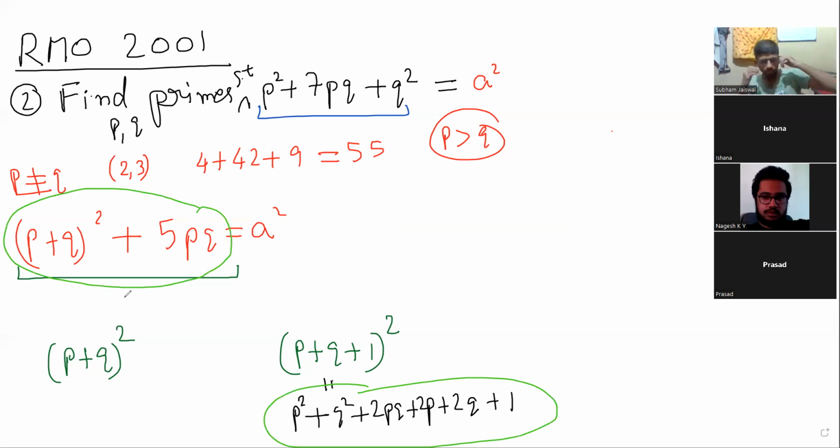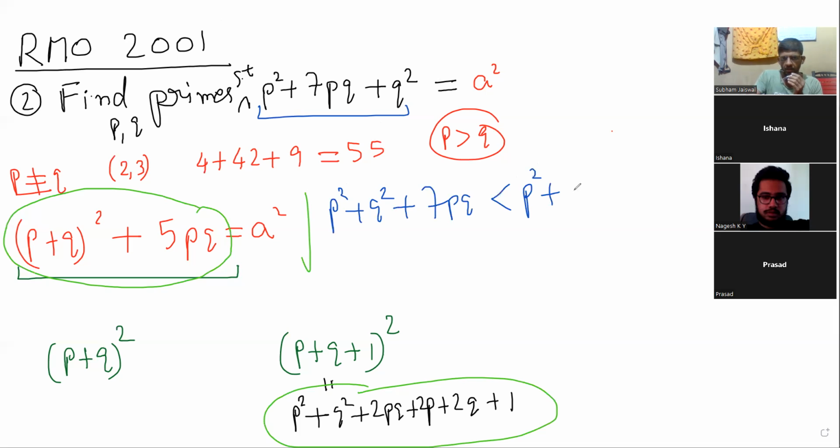Think. Is it less? I'm just doing. No, so it is not. It's not less. Doesn't seem to be. It's already like this, 7PQ.